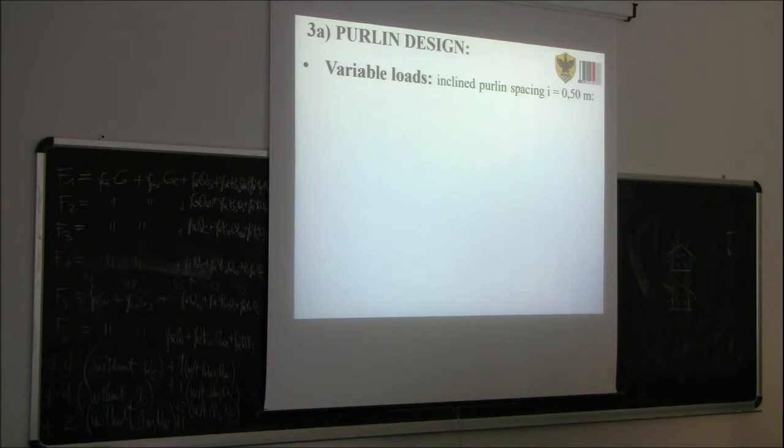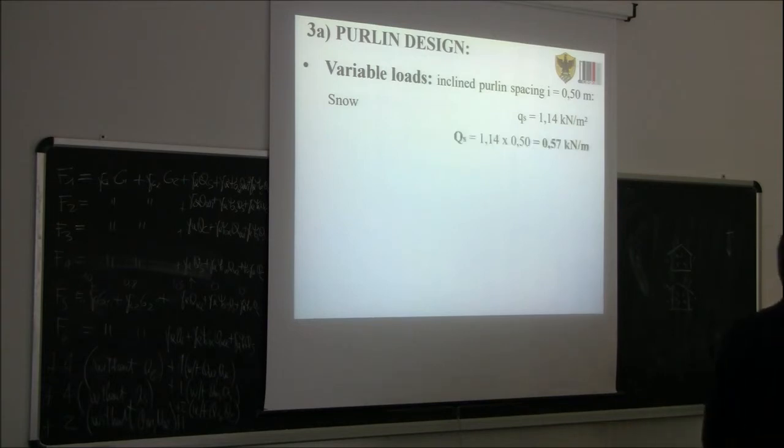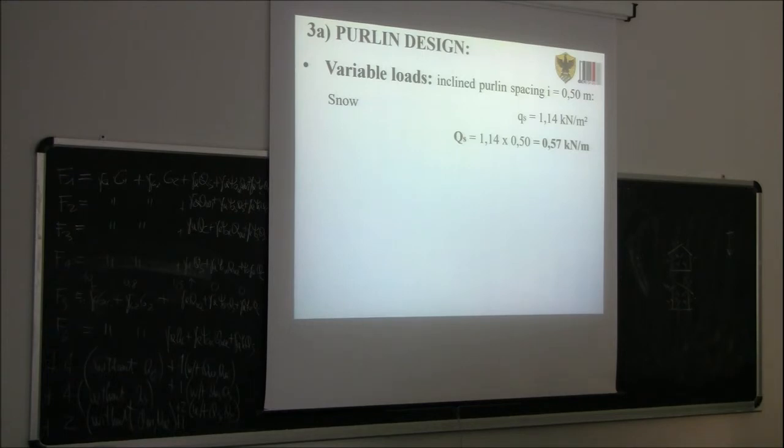Then we need to calculate the variable loads. Snow was 1.14 kN per square meter. If you remember, all the loads were basically referred to 1 meter of inclined surface in such a way that we can sum all of them together. Otherwise, we were unable to sum the snow, which is per square meter of projection, with the self-weight, which is per square meter of inclined surface.